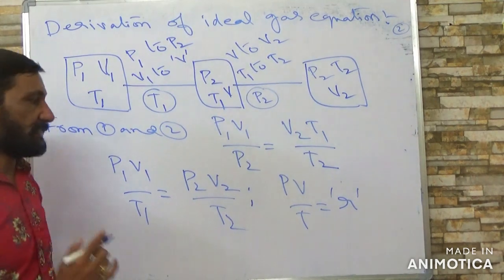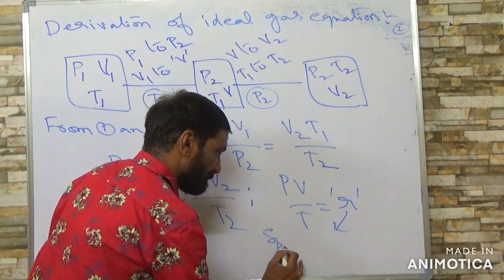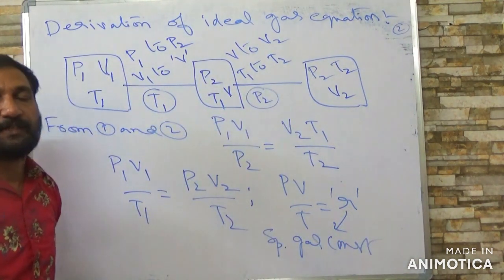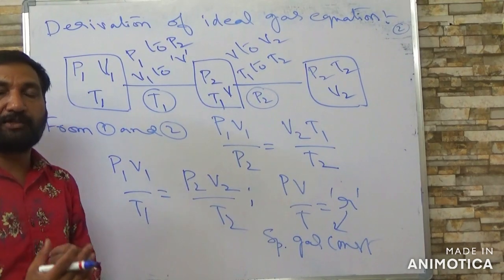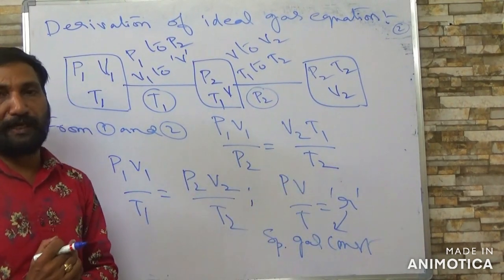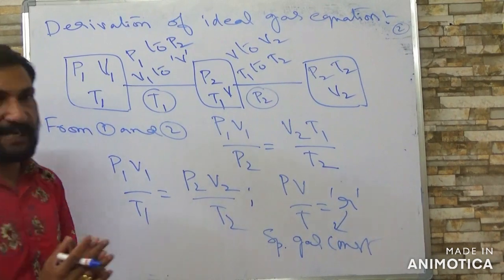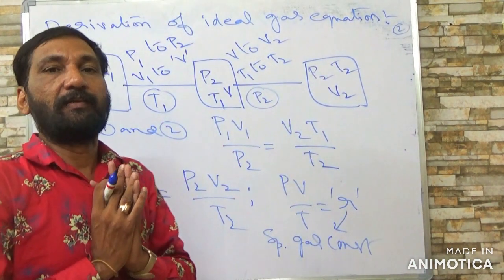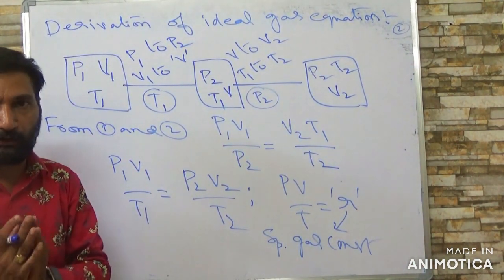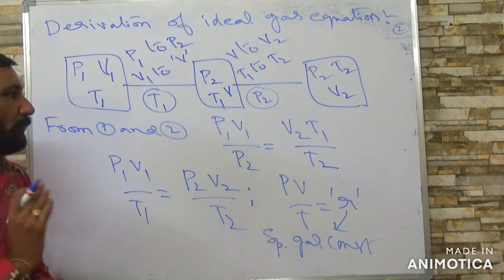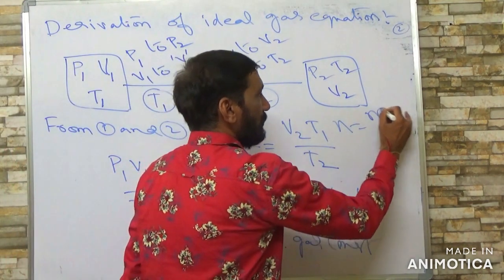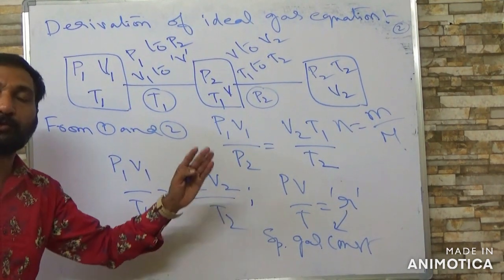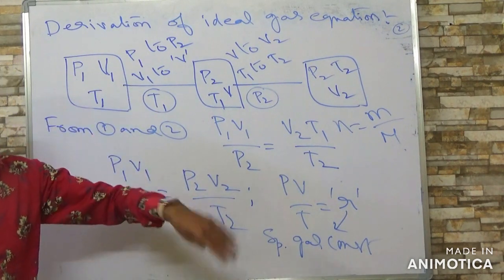Say R. It is called the specific gas constant per unit mass. Whenever you consider the mass of the gas, you get this constant, so it is different for different gases. But in order to keep the same constant for all gases, we introduce a concept, that is, the mole concept. n is the mass of the gas divided by its molecular weight. So the main purpose is to keep the same constant for all gases.